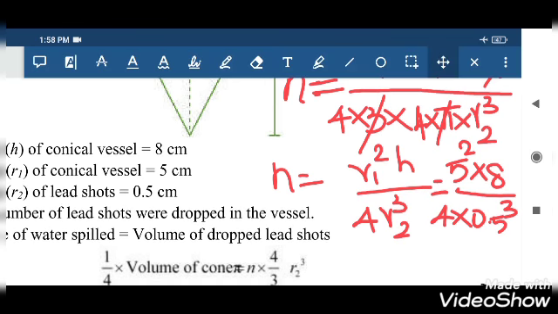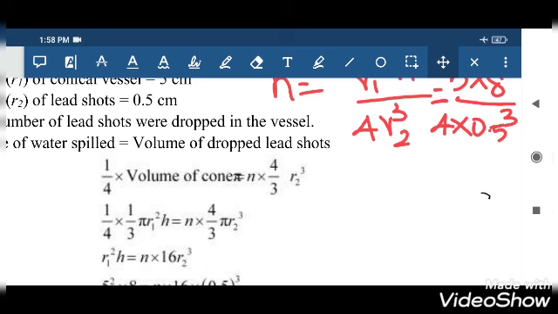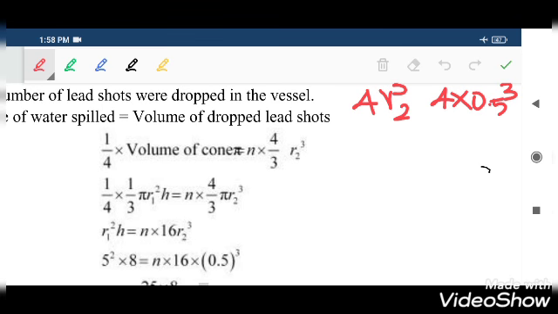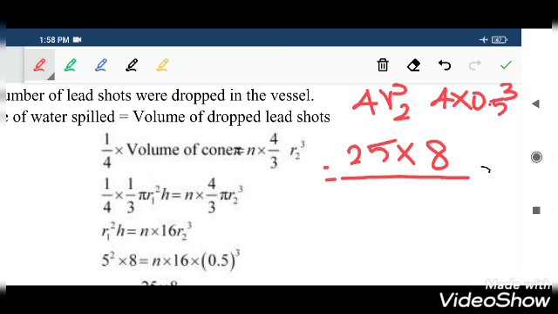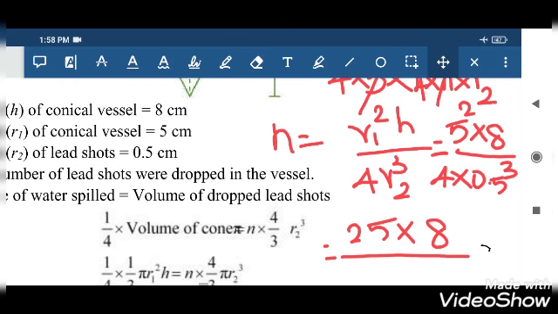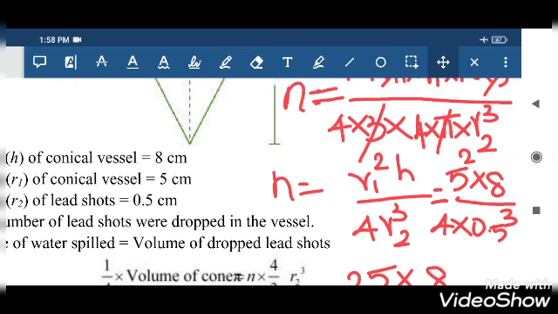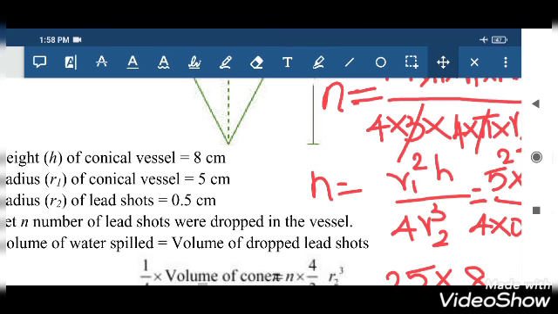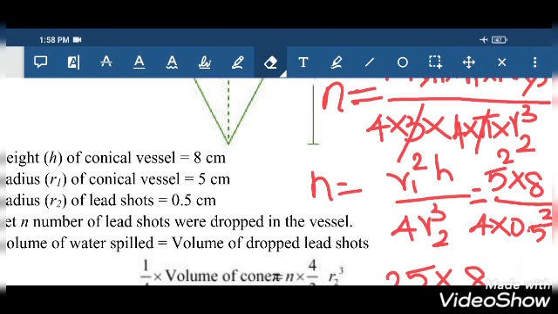So now we got 25 into 8 divided by, here 4 into 4 you get 16 in the denominator.